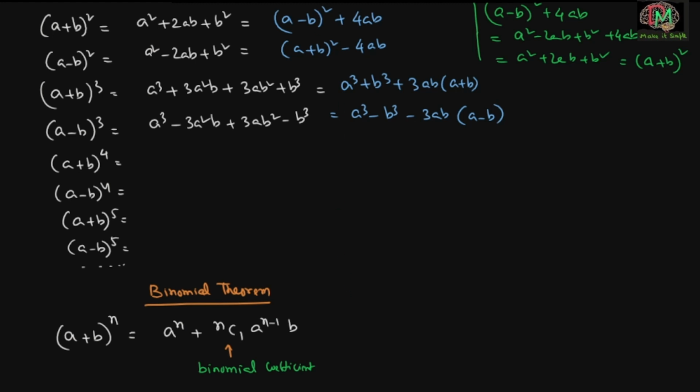The next term is nC2 aⁿ⁻² b². Then nC3 aⁿ⁻³ b³, and the general (r + 1)th term is nCr aⁿ⁻ʳ bʳ. This way we can continue, and at last we get bⁿ.